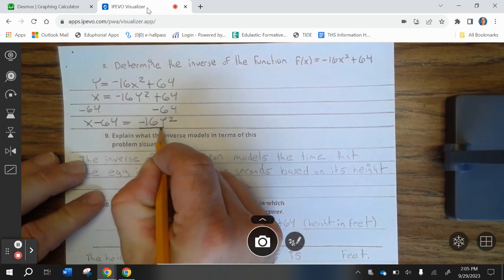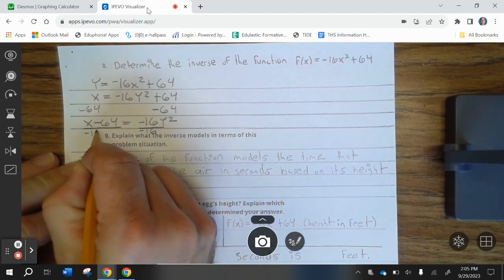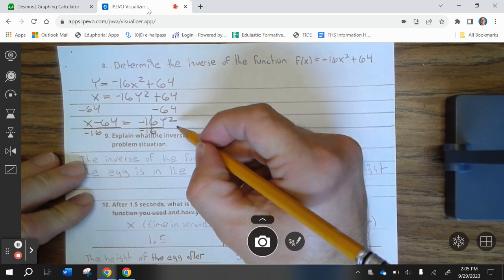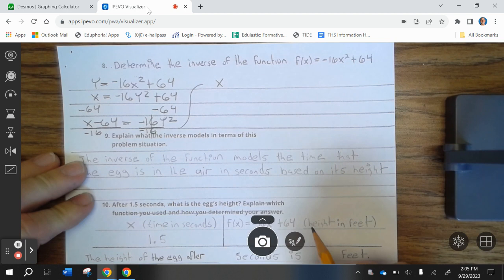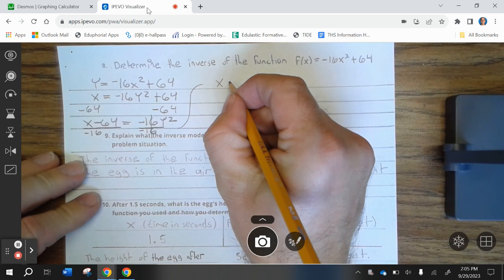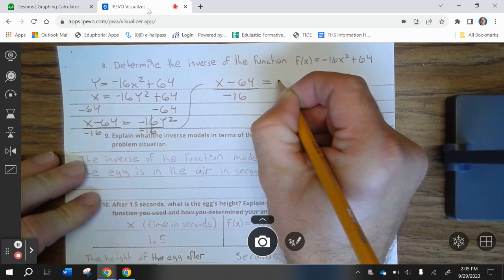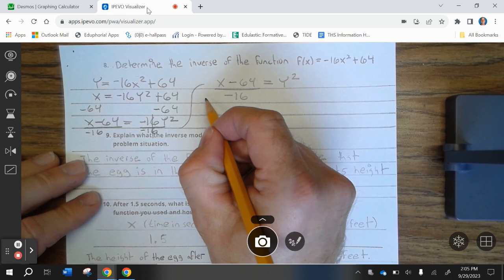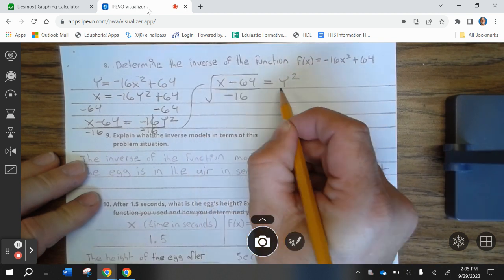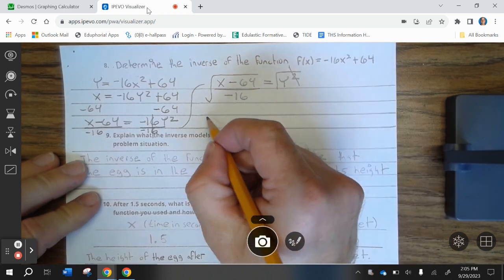We're going to divide both sides by negative 16. So that divided becomes 1. We're left with x minus 64 divided by negative 16 equals y squared. And then the last step, we take the square root of both sides. Well, the square root cancels the squared.